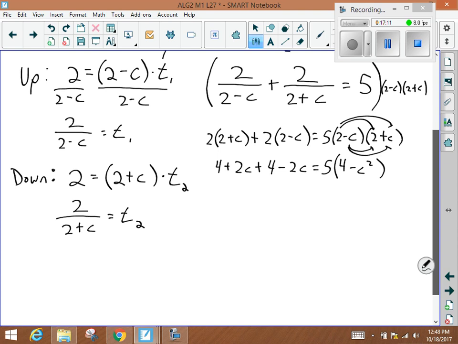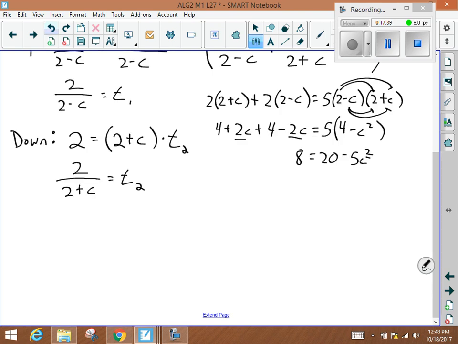All right, let's combine like terms over here. These two are going to cancel. And all I have left over here is an 8. And I'll distribute my 5, and that gives me 20 minus 5c squared. Okay, well, I know because of this 2 here that I have a quadratic equation. So that means I need to set this thing equal to 0.